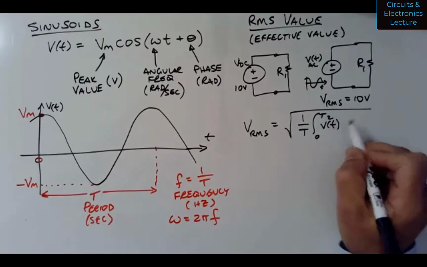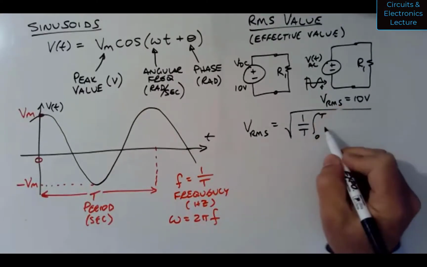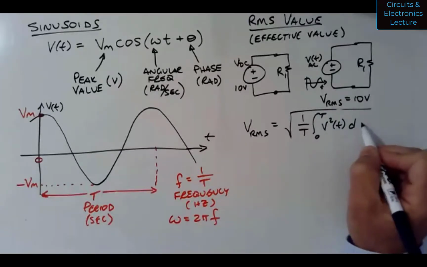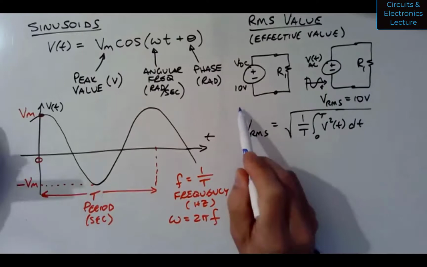So the root of the mean of the square, let me write that a little more cleanly. That is the RMS value, and that's a big takeaway here.